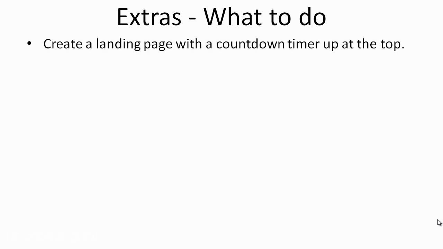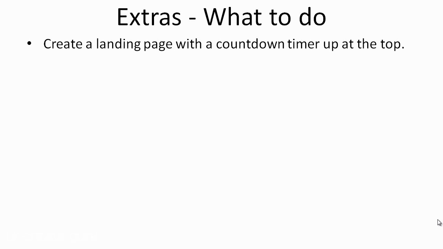Now, I know I'm not going to talk about this in this video course, but I do want to talk a little bit about how you can increase your conversions with countdown timers and using scarcity. So here's what you can do in addition to building a high converting webinar. You can create a landing page with a countdown timer up at the top.